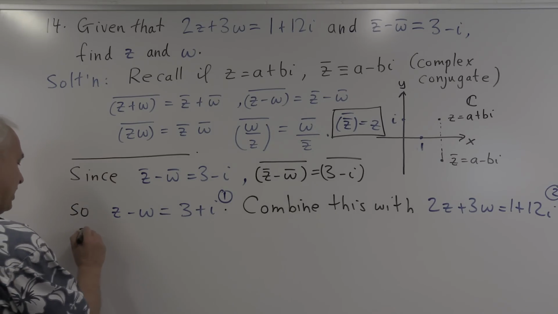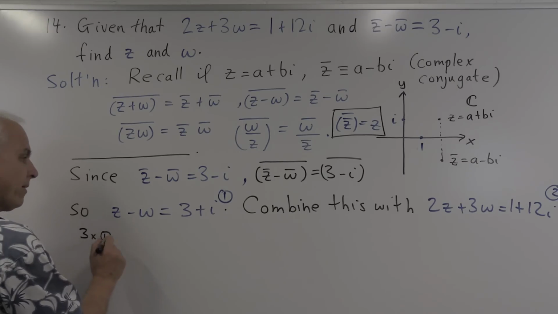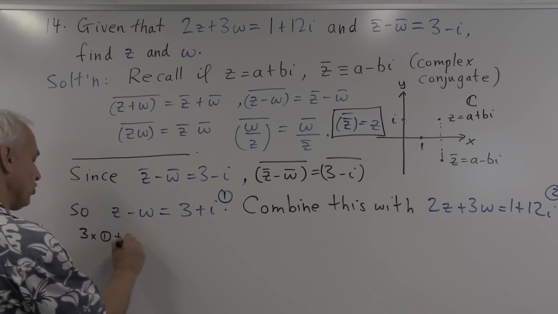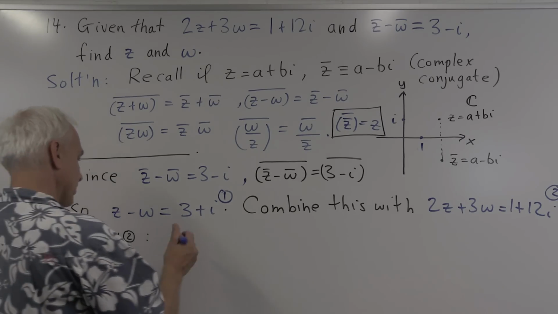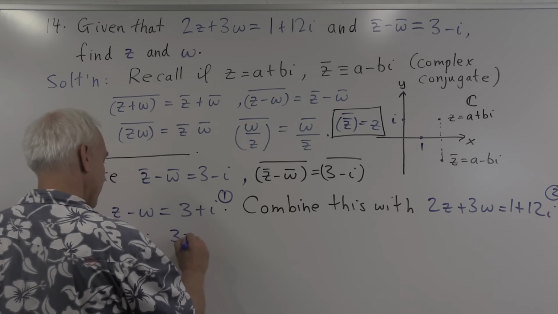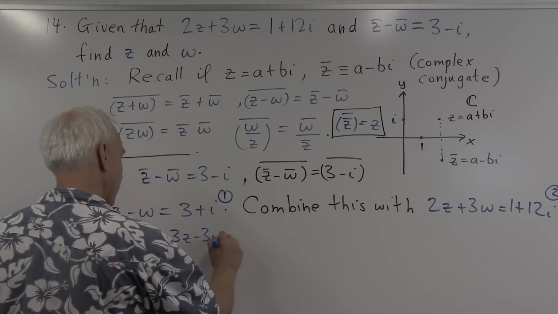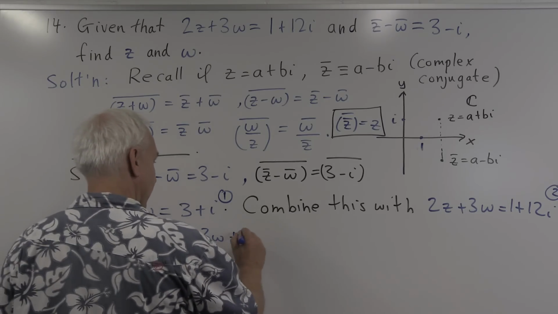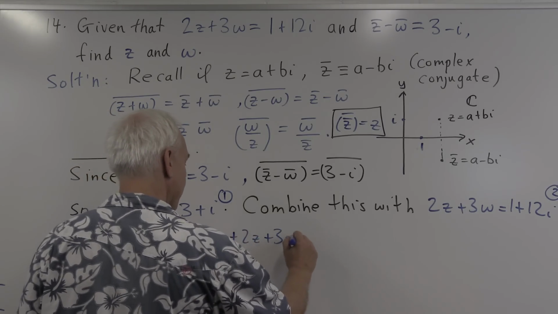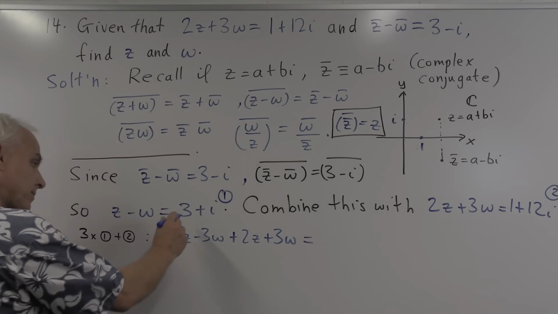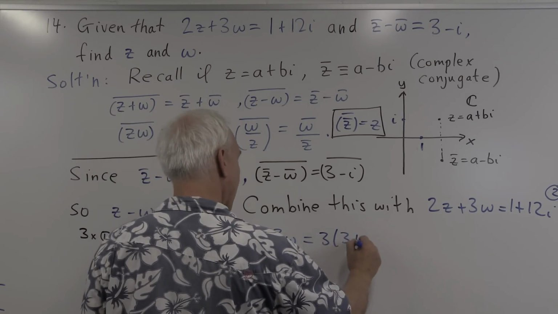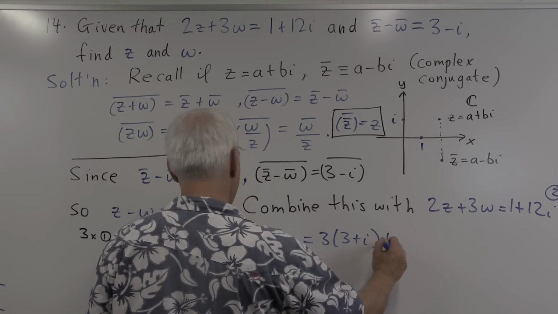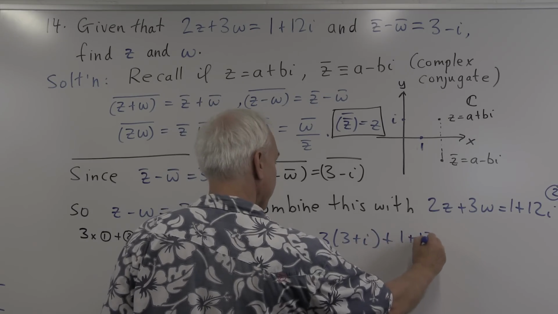So we'll take 3 times equation 1 plus equation 2. What's that going to give us? We get 3z minus 3w plus 2z plus 3w equals 3 times 3 plus i, plus 1 plus 12i.